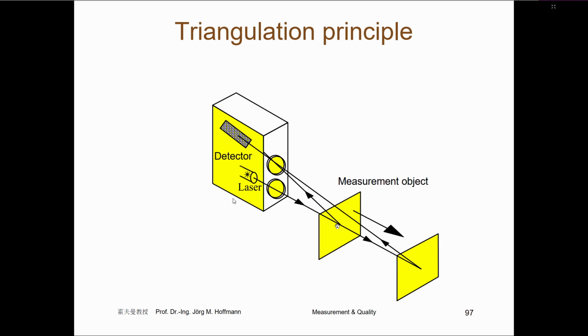So you look on this point, you get the scattering light, and you look here, the scattering light, that is a CCD line, and you have the small pixel, like in a camera, and you see how this is moving on this CCD line, and you can calibrate this with a distance from your measurement object to the point on the CCD line.